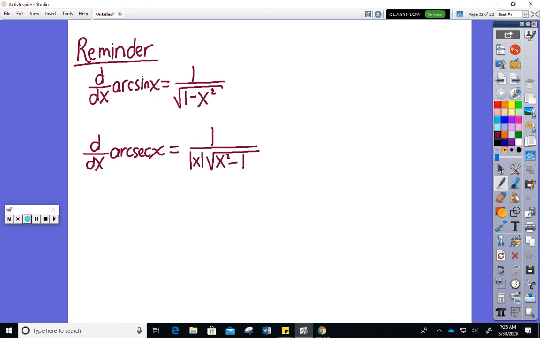And I always remember that the one that leads with x on the outside leads with x on the inside. So that's how I remember the secant x has the x squared minus 1 instead of the 1 minus x squared. And then the derivative of arc tangent x, this is my favorite one, equals 1 over x squared plus 1.